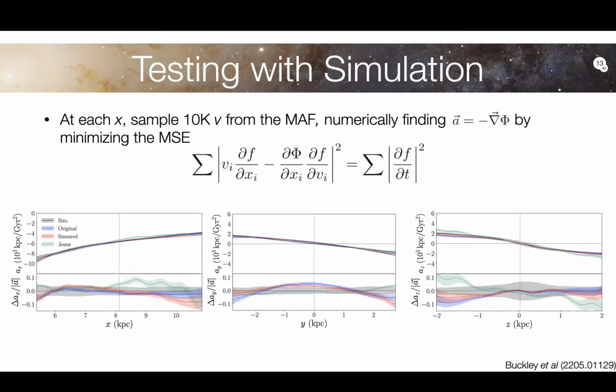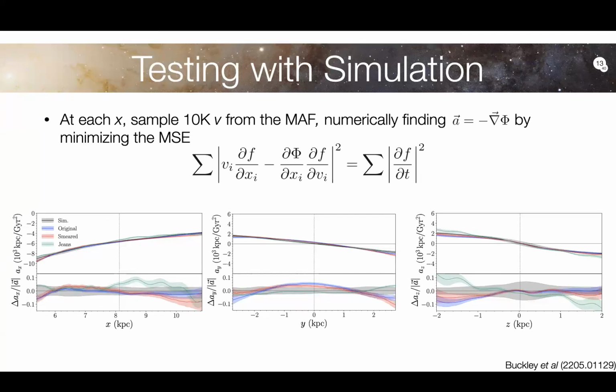Then we have to use the physics. We have to plug it into the Boltzmann equation. So what we do is what you usually do within the Boltzmann equation or Jeans analysis and say, let's assume that the galaxy is in equilibrium, which is to say that df/dt is 0. So we minimize this combination, which is df/dt, to numerically find this acceleration, right?